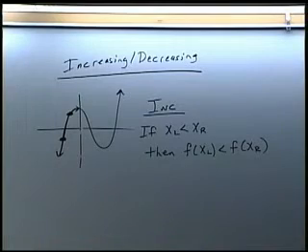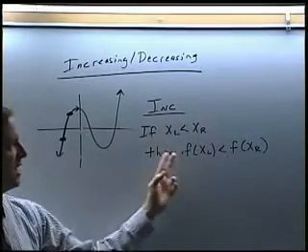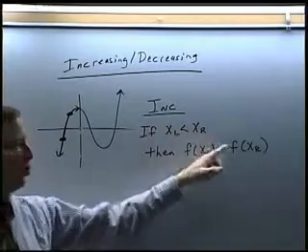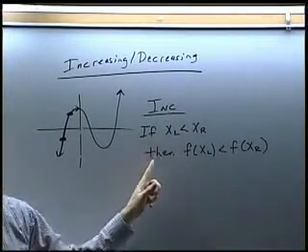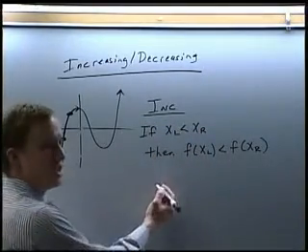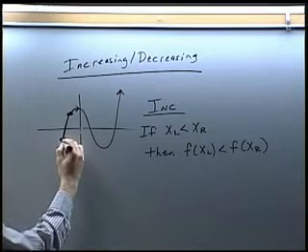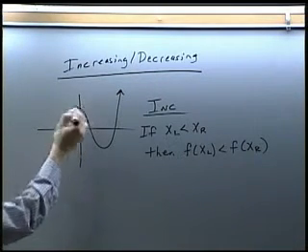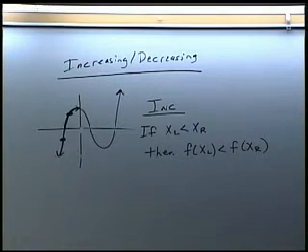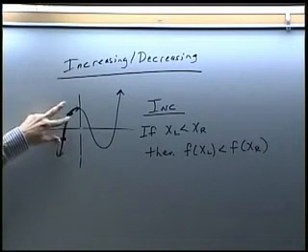A little confusing though. But the thing with it is that we're only using x and y coordinates. How we want to define increasing today in terms of calculus is we want to do this in terms of a derivative. What is true about the derivative of this graph wherever it is increasing? What's true about the derivative or the slope of this graph?